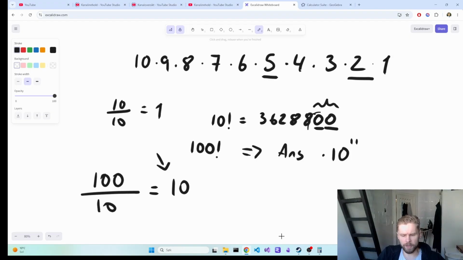Since there are always more 2s and 5s, we can count the number of 5s. That's what it says to me. So it basically says we can count 5s and 25s.